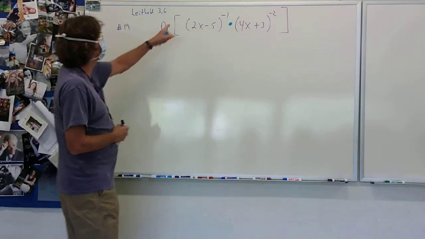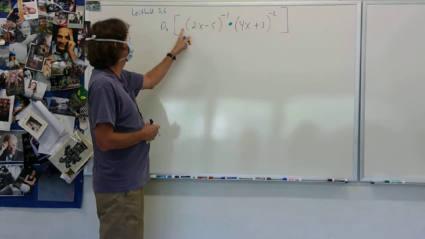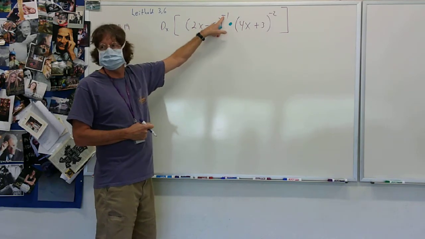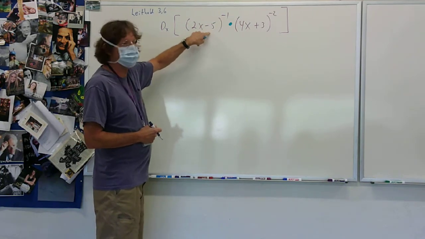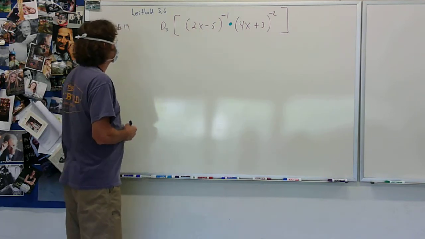And you know you're going to have to use your power rule when you take the derivative of this one, right? Got to bring the negative 1 to the front, write it down, subtract 1, and then remember to take the derivative of what's inside the parentheses. Don't forget that.